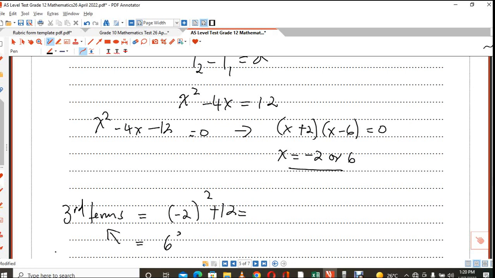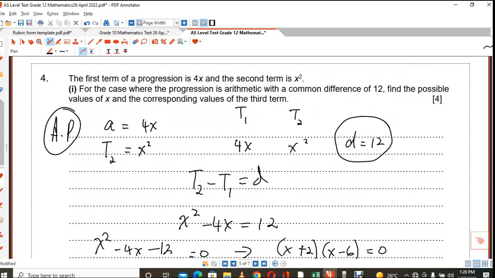You do not understand where the 6 is coming from. How do you find the third term? Our first term is 4x, the other one is going to be x squared. So what is our third term in terms of x? Our third term will be what?